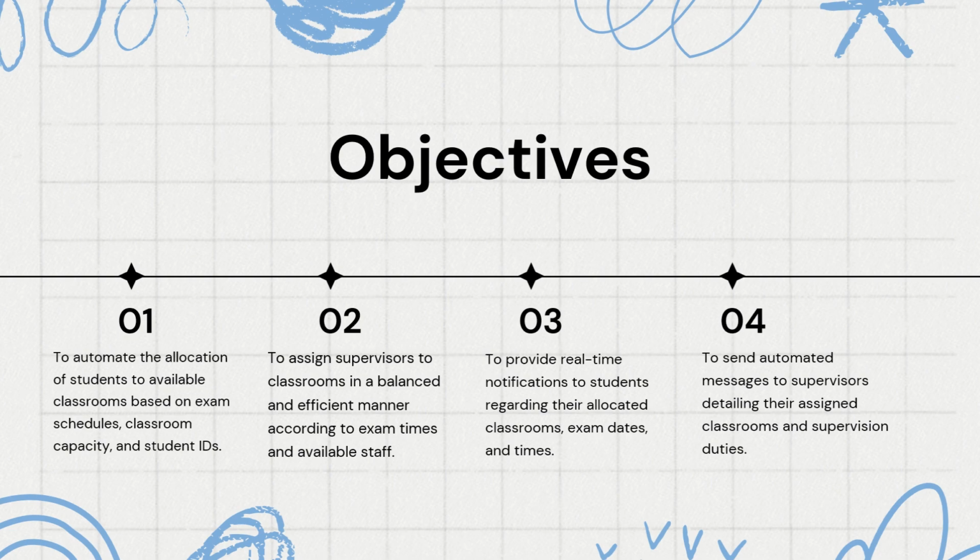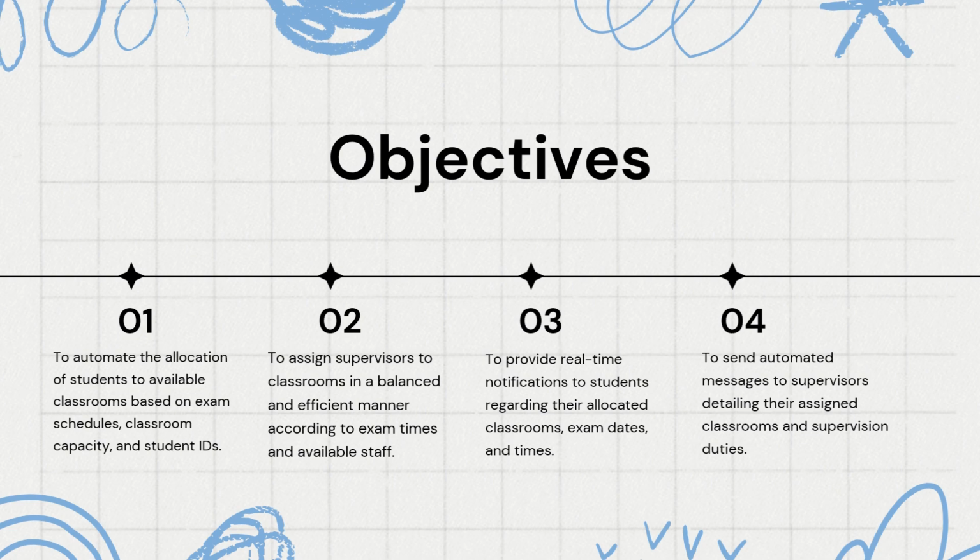Objectives. The first part of our objective is to automate the allocation of students to the available classrooms based on the exam schedule, classroom capacity and student ID or EN number. Second is to assign a supervisor to the specific classroom in a balanced manner and according to the exam time and the available staff.